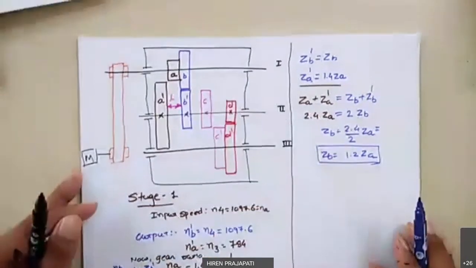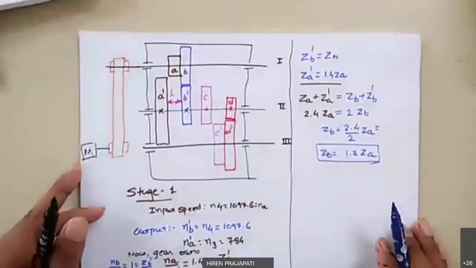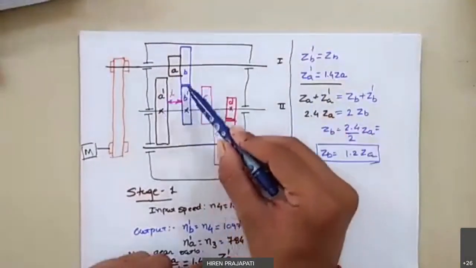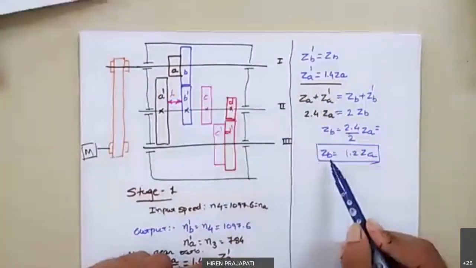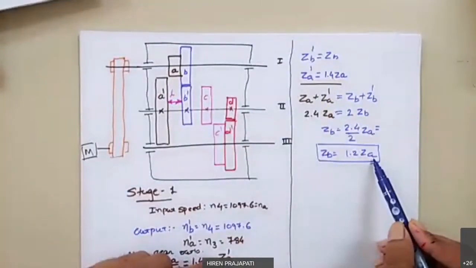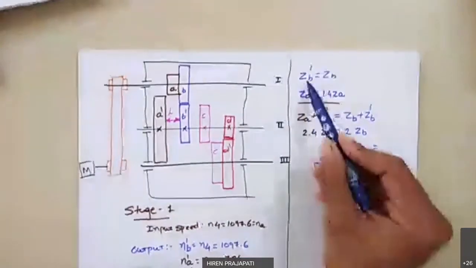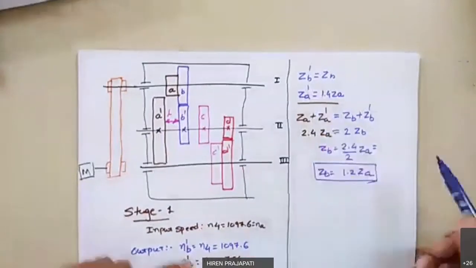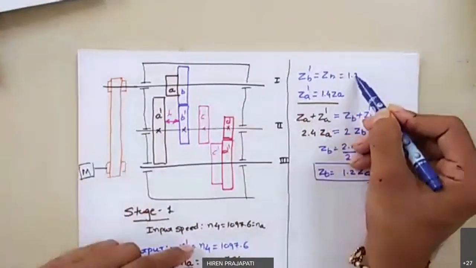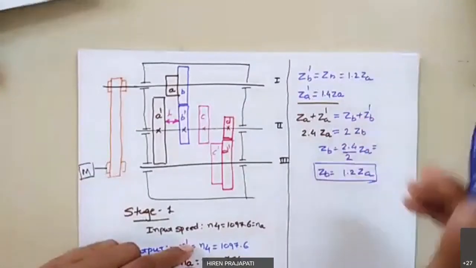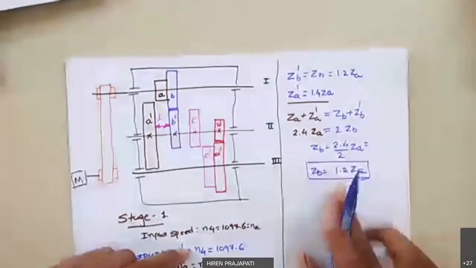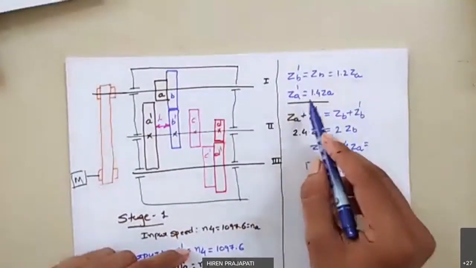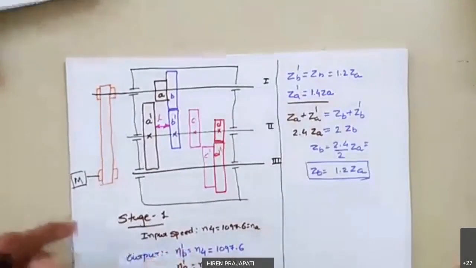So what ultimately we did here, if you look, in both the pairs, all the numbers of teeth, suppose ZB, are also written in ZA terms, ZB dash is written in ZB terms. So now again you can write this ZB as 1.2 times ZA as per this equation. So again this is written in terms of ZA, and ZA dash is also written in terms of ZA.